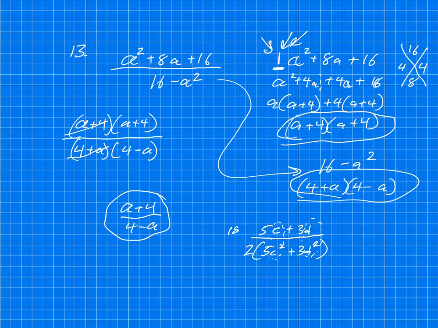So I did do that in my head because the answer isn't right there. So number 15 should be a negative 1 over y minus 2.